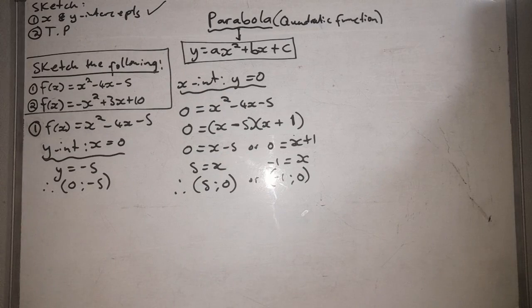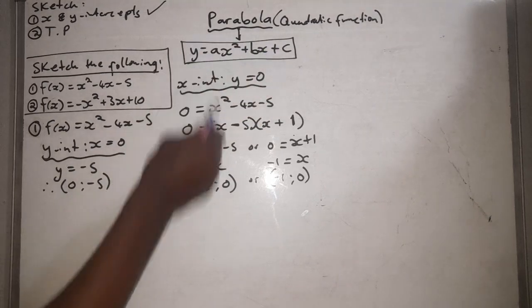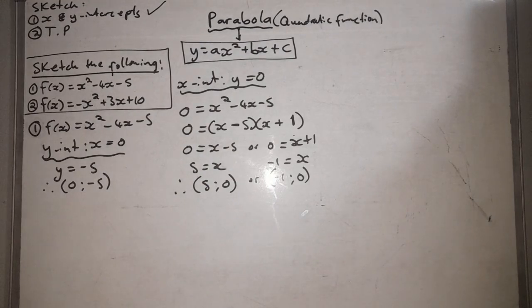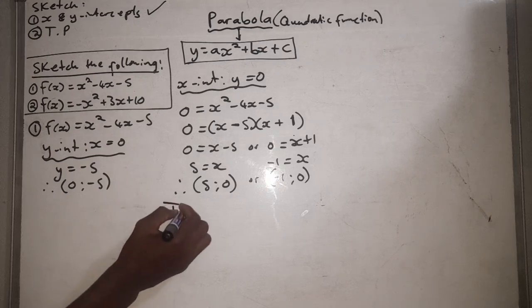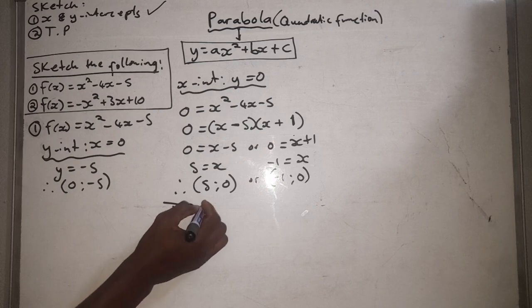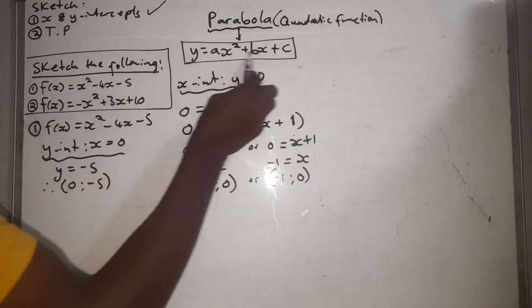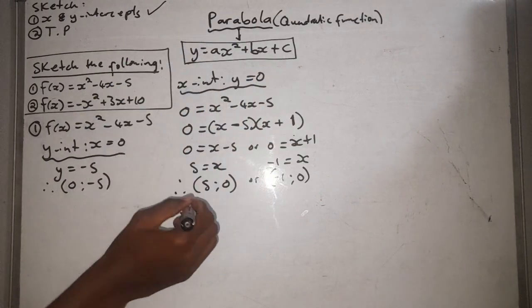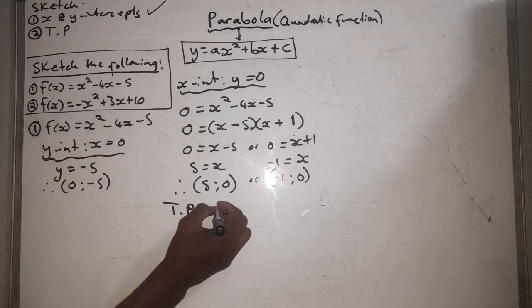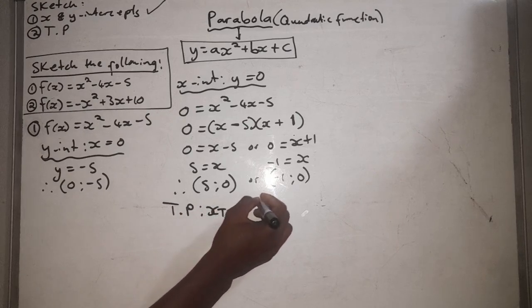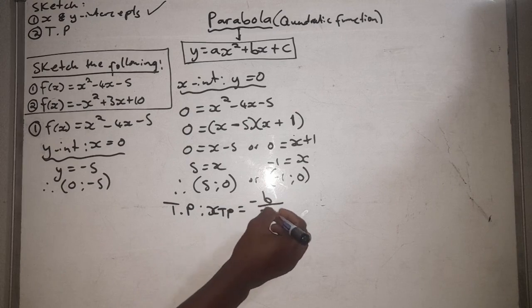Now let's move to the turning point. Since this is the y-intercept form, there's a little procedure to finding the turning point. To find the turning point of a parabola when it's given in this form, the first step, I encourage you to use this one: xtp equals negative b over 2a.